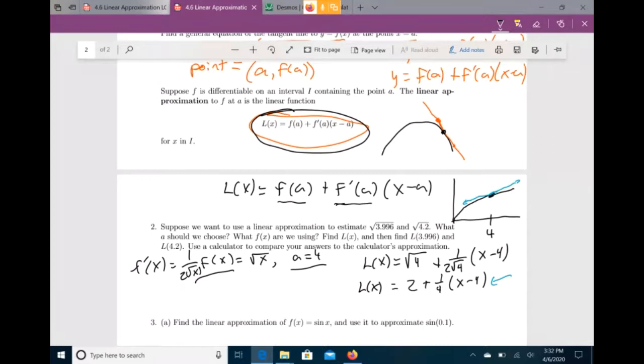Okay, so if I want to approximate, say, the square root of 4.2, I plug 4.2 into L. So I get 2 plus 1/4 times 4.2 minus 4. 4.2 minus 4 is 0.2, and 0.2 divided by 4 is 0.05, so you get 2.05.